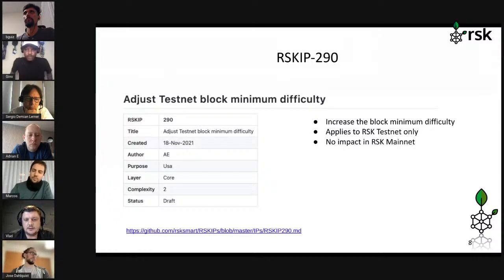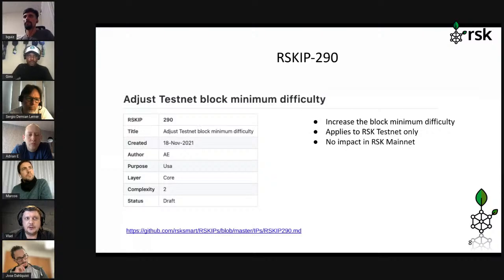And this can take some time, during which many competitive blocks are being generated in the network, and it results in high network workload. And to prevent this kind of situation, as I mentioned, this RSK IP proposes to increase this difficulty value. As it is only a config change, but it has an impact on the consensus rule, this is why it needs to be part of a hard fork.